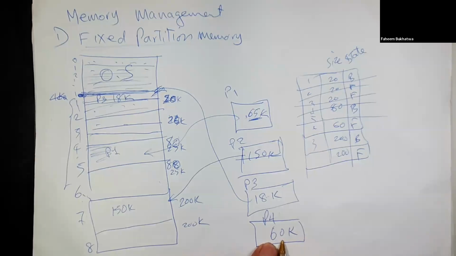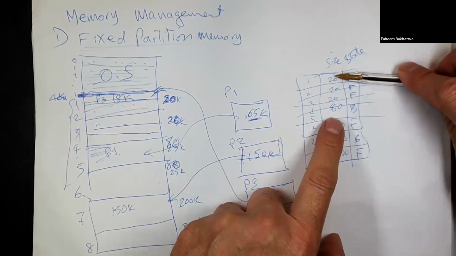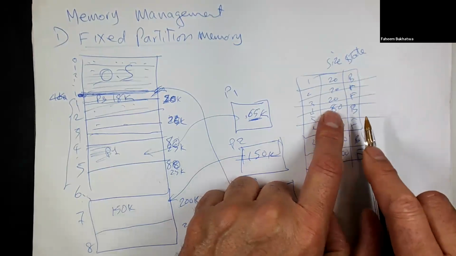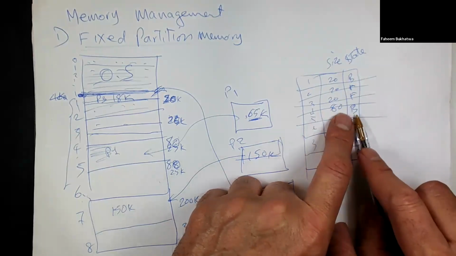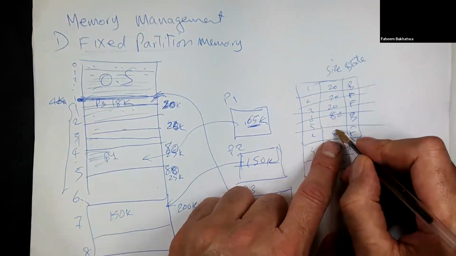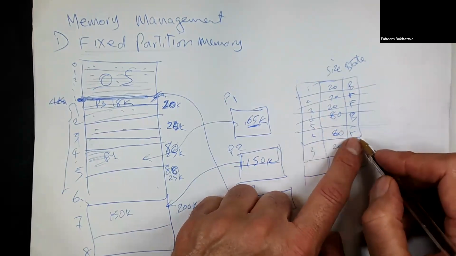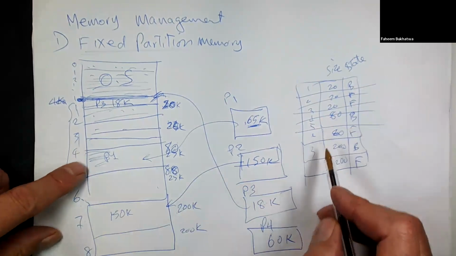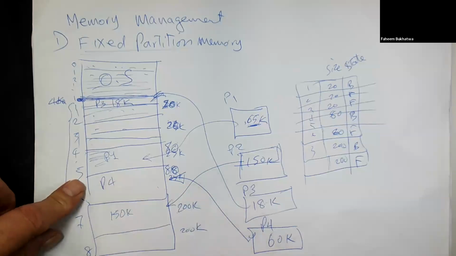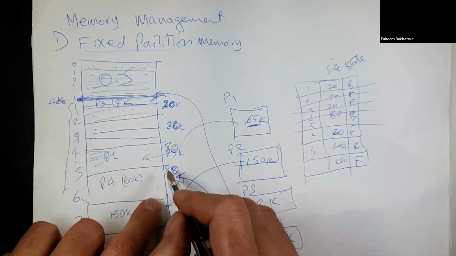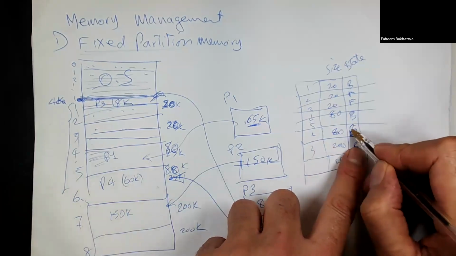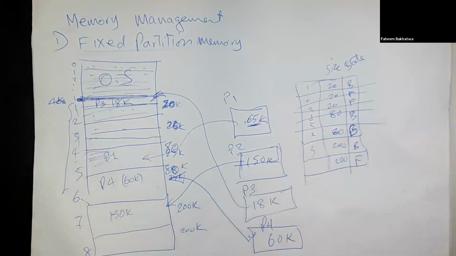This program needs 60K, so it looks for a block that's 60K or bigger, and there is an 80K block, but this one is busy, so we know there's another program using it. So it will find another one. Well, here's another block that's 80K and it's free. So it will put this program into this block. There it is. Now program number 4 is sitting here and it's only 60K, even though the block itself is 80K. And it will go to this table and mark it as B, busy. And we call that allocation.